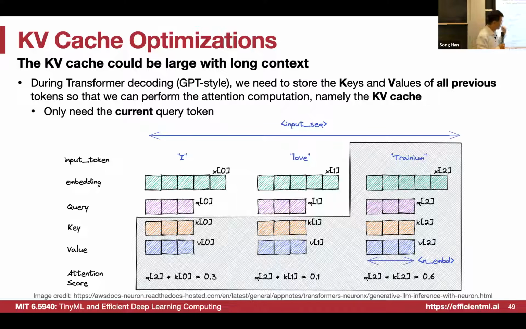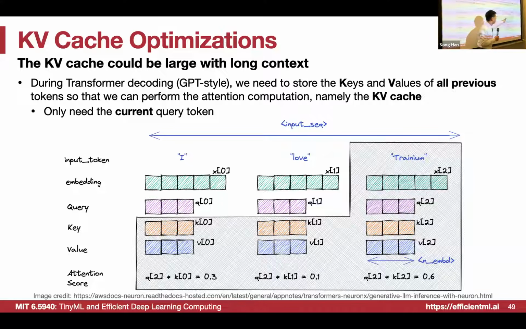So this is the example. So far, we have 3 tokens: I, love, Sweden. We are currently at time T2, and this X2 is going to be appended to all the previous tokens. This is the query, this is the key, this is the value.